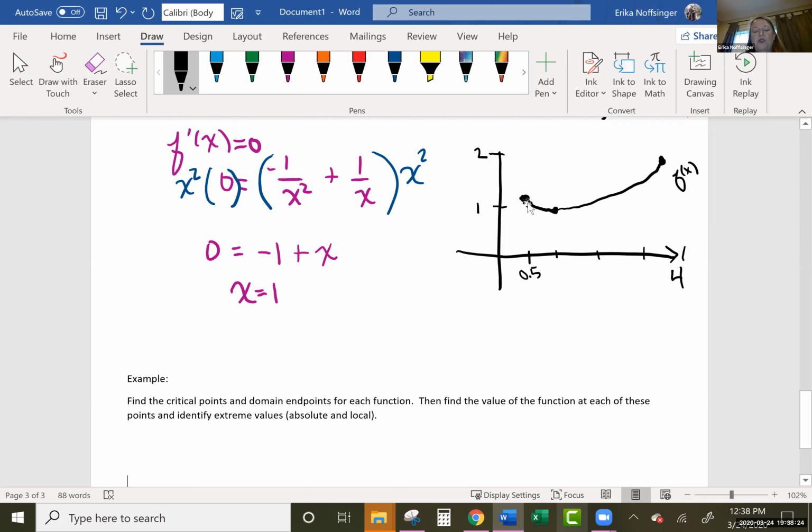Okay, so a local max and a local min can occur at endpoints, or they could also occur at a place where you have dips or peaks on your graph.